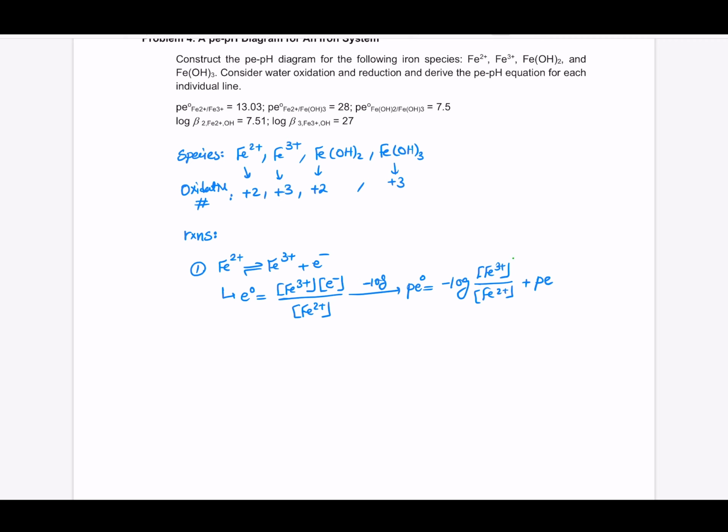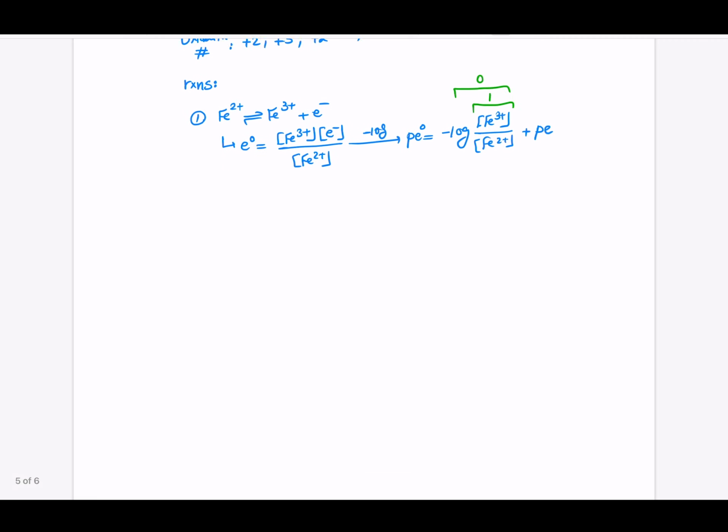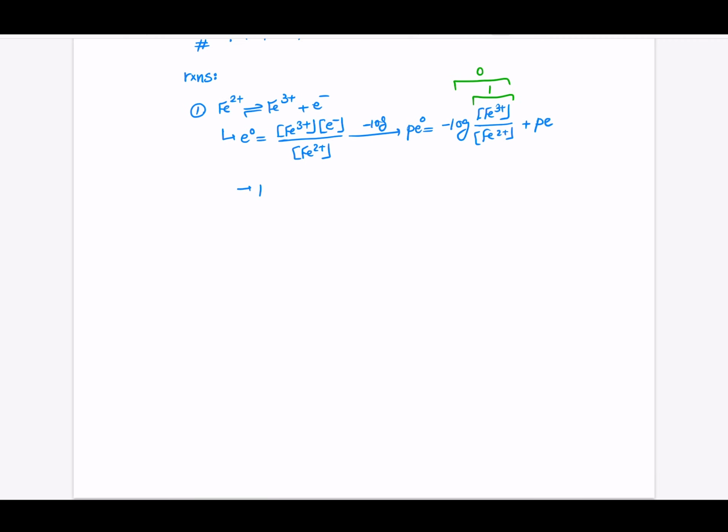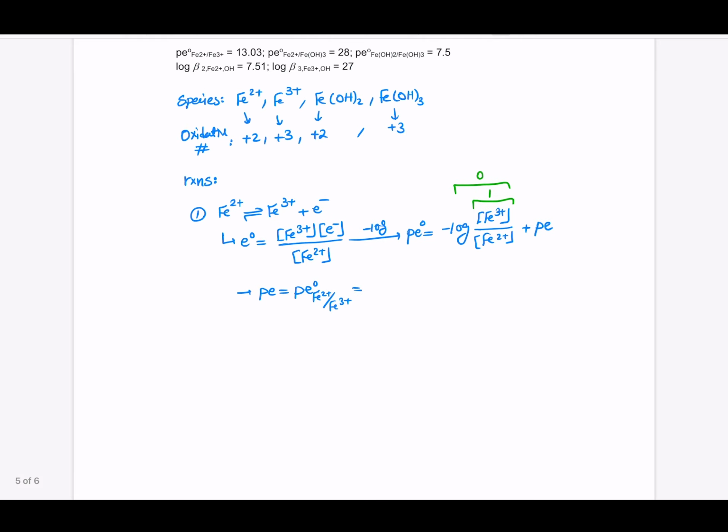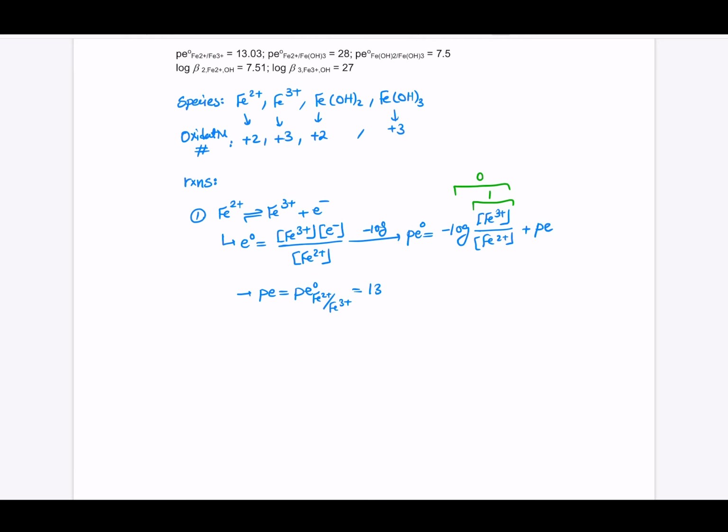And because these lines represent the equilibrium, or the same concentration of these two, this would be 1. So this whole expression would be 0. So then the first line, basically pe is equal to pe0 for Fe2+/Fe3+, which is basically 13.03. So that's the first line.